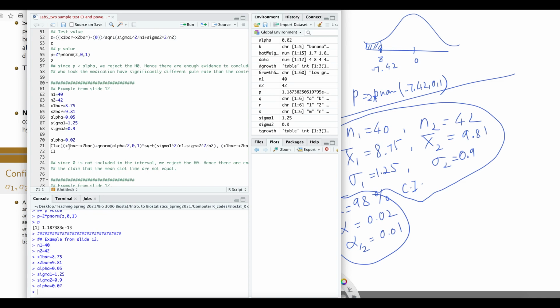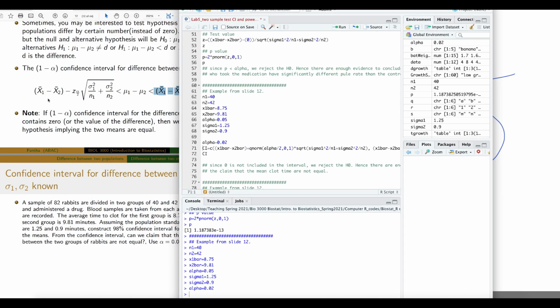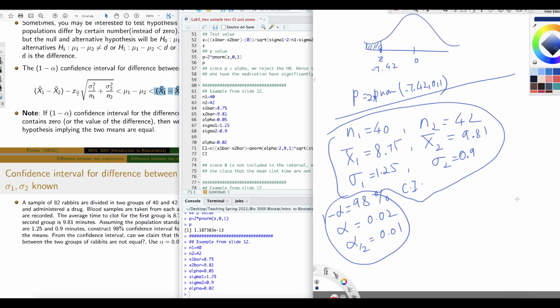So there is a C. See the formula, x1 bar minus x2 bar. Let me show you that formula there. x1 bar minus x2 bar, and z alpha half is basically the, so negative z alpha half. Negative z alpha half is qnorm, because see what is happening there: alpha half is 0.01. Since the confidence interval is two-tailed, it is a two-sided confidence interval.